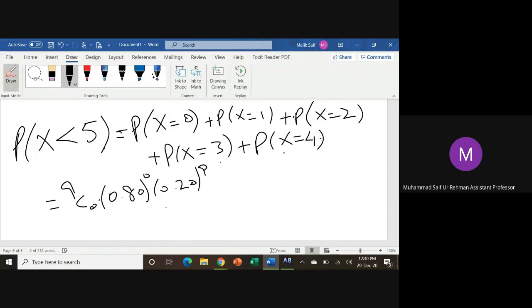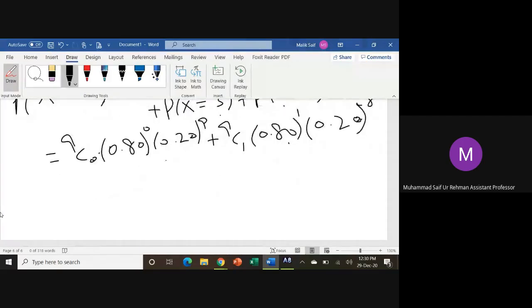So 9 will be there, plus 9C1 0.80 power 1, 0.20 power 9 minus 1, that is 8.